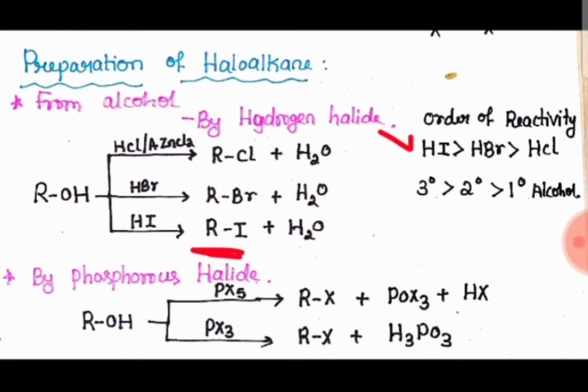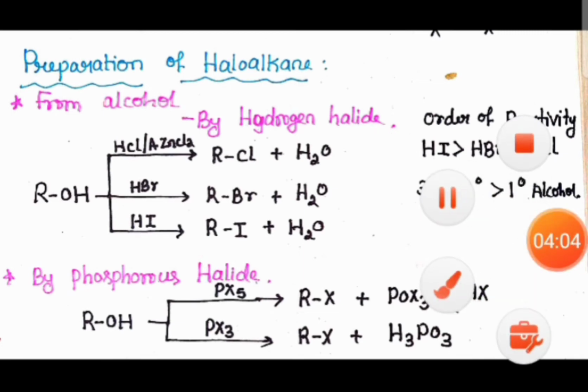For this preparation, hydrogen iodides are more reactive because of weaker bond, and tertiary alcohols are more reactive because of the presence of more electron donating groups.